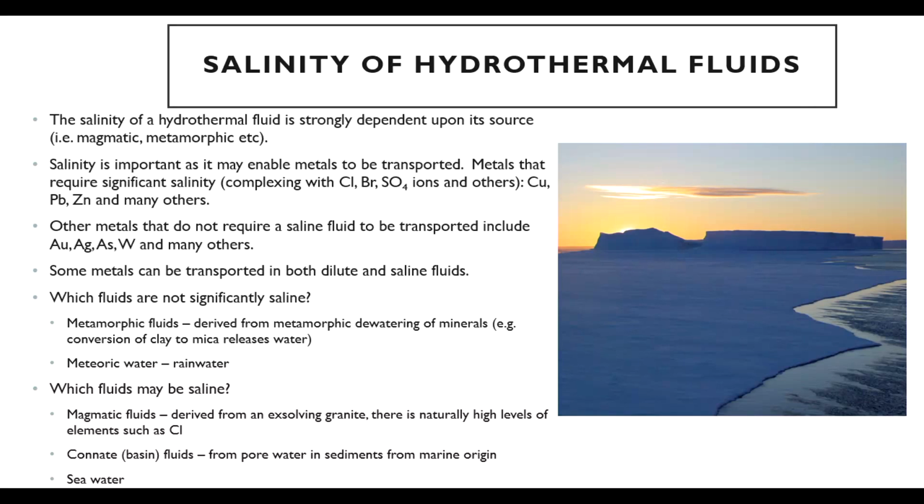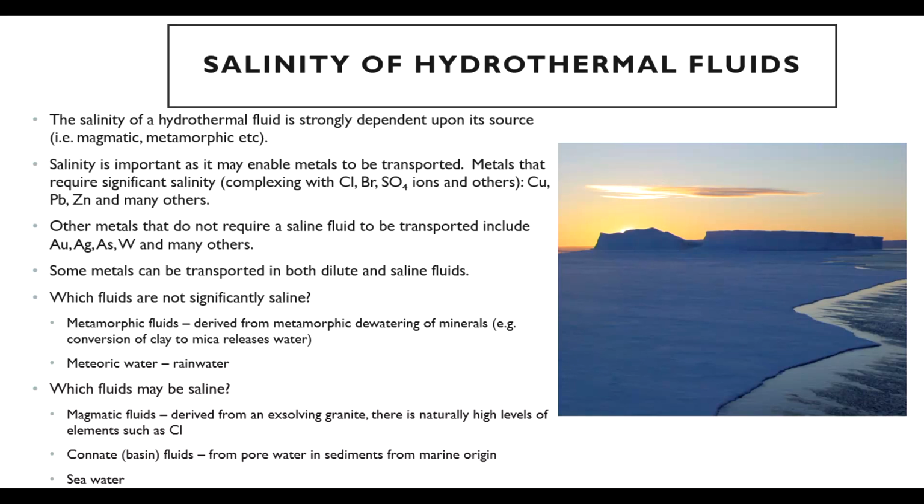Other metals matter less so. So gold, silver, arsenic, tungsten, and many others. And so when we get into different sources of hydrothermal fluids, this is in part why some systems are mainly associated with certain metals and others associated with other metals. So it all comes back together.